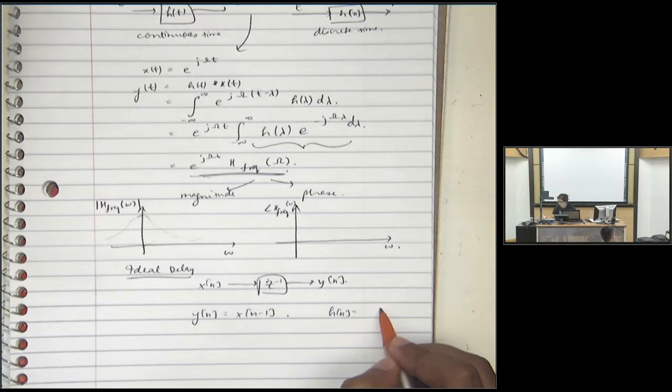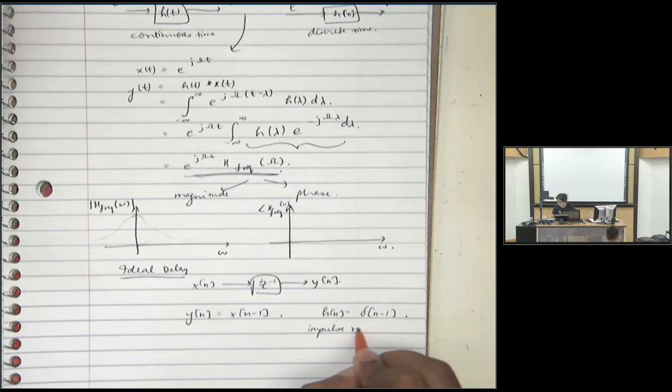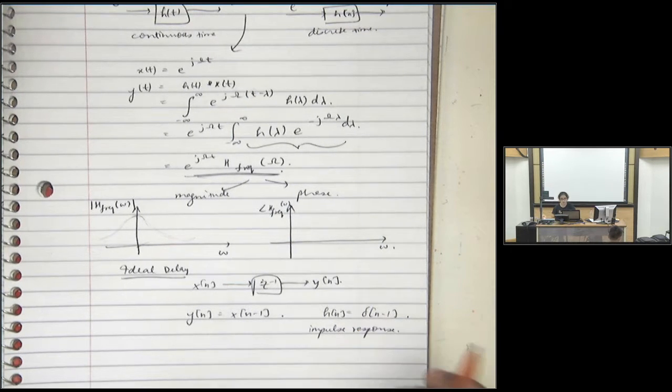No, it's delta of n minus 1. Okay, because this is your input and h of n is your output at that point of time. Okay? So be very clear with the terms of impulse response, step response. Okay, we'll just revise this again.